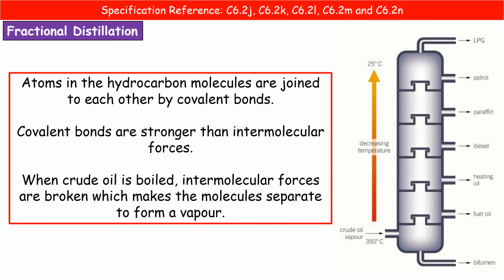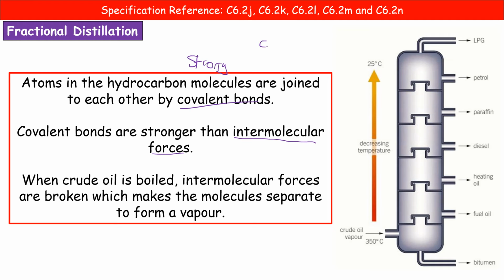You may question why it is that when we're heating things up to like 350 degrees Celsius, how do these molecules stay together? Well, the atoms within the hydrocarbon molecules are joined together by these covalent bonds, and covalent bonds are strong bonds. So what we do know is that those strong covalent bonds are actually going to be much stronger than the intermolecular forces. Now, intermolecular means between molecules.